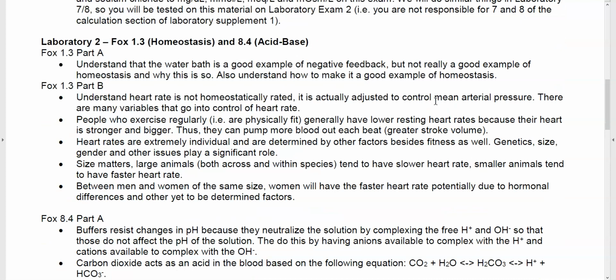All right, for laboratory 2 there were 2 sections of FOX that you're responsible for, 1.3 and 8.4. When we have sections of FOX that we're responsible for, and this is true for the whole semester, you are responsible for the background information as it relates to the lab that we did, the information in FOX, and the little clinical boxes.